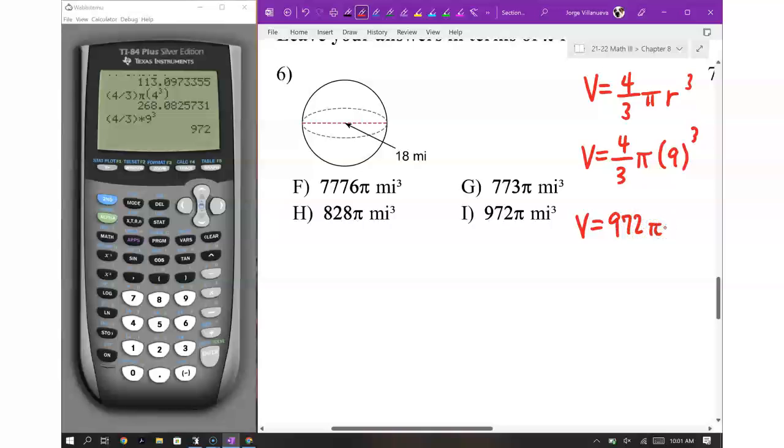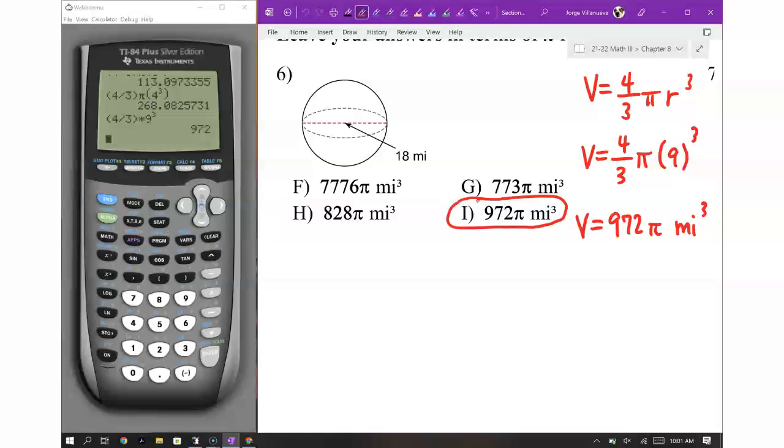So I'm just going to put a pi after it, and that would be miles cubed. And the answer would be right here. So that's the only difference with those other problems, that they're going to have answers with pi in it. You're not going to have to multiply by 3.141592653, right? Don't worry about that number. Just leave it as a symbol, 972 pi.